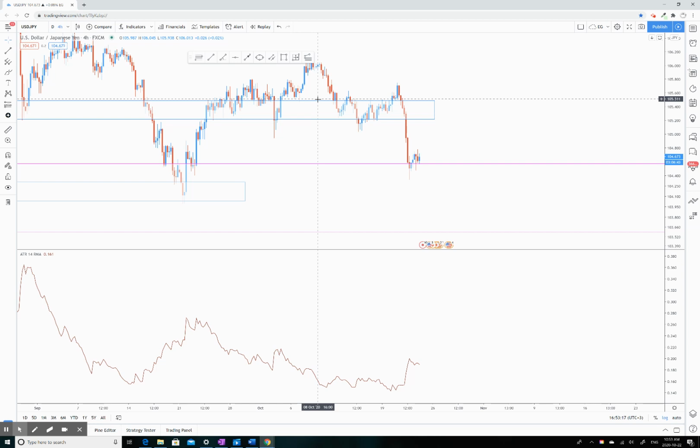So to keep it really short and sweet, that's essentially what it's going to do. It's going to give you a much more accurate stop loss placement based on how your candles are actually moving, right? Because it's taking an average of the range of each candle.